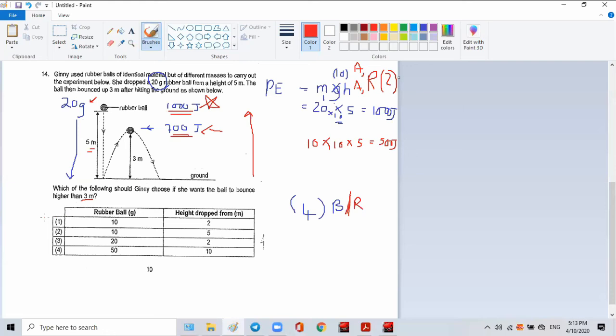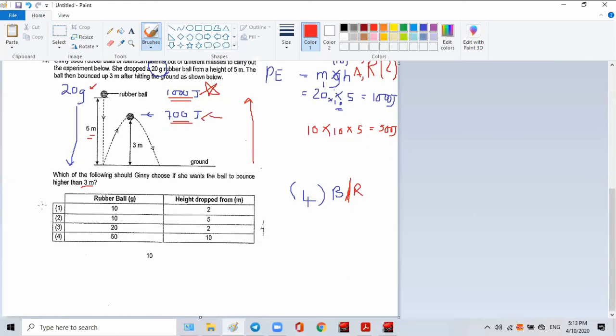Okay. So here, number 4. Let's check Mr. Brian and Raphael. Science is coming back so good. His rubber ball is 50. Let's see. 50 is the mass times the gravity, which is 10, times the height. What is the height? 10. What do you start with?